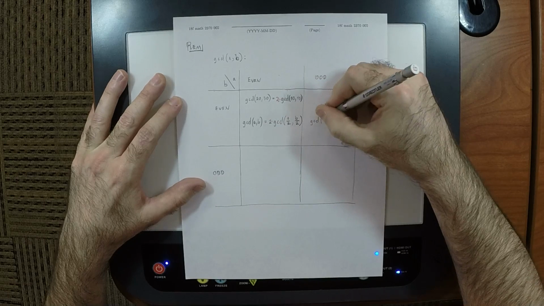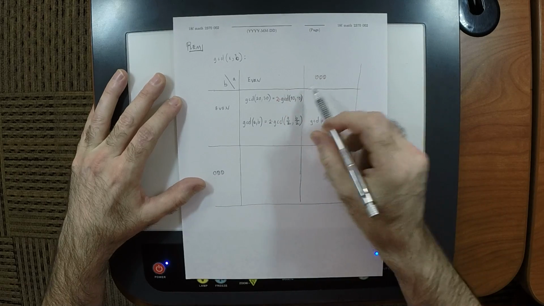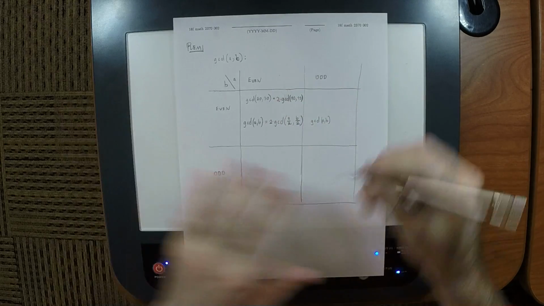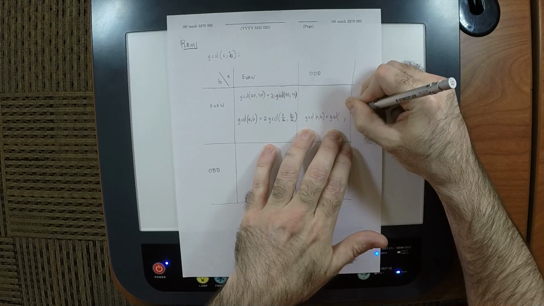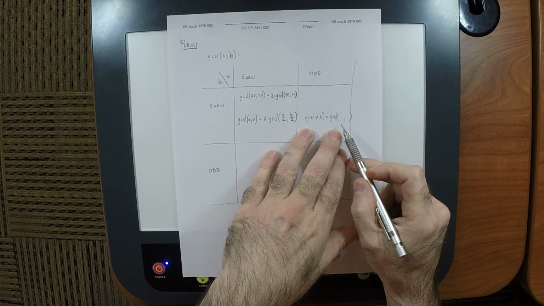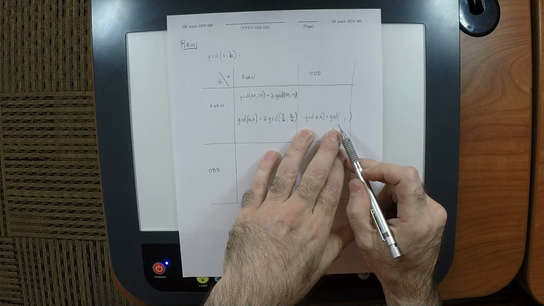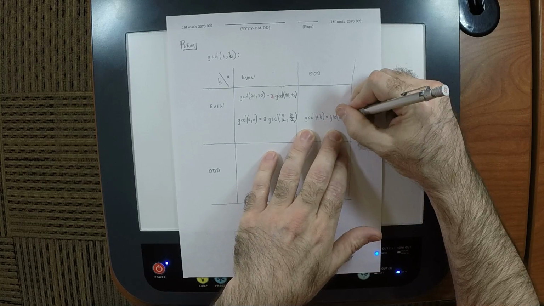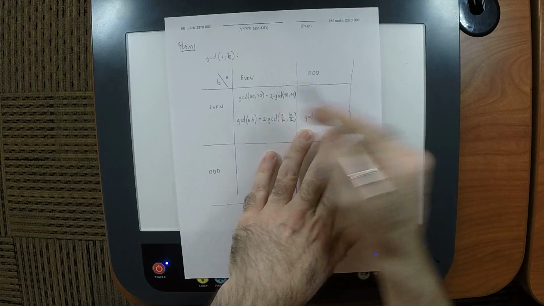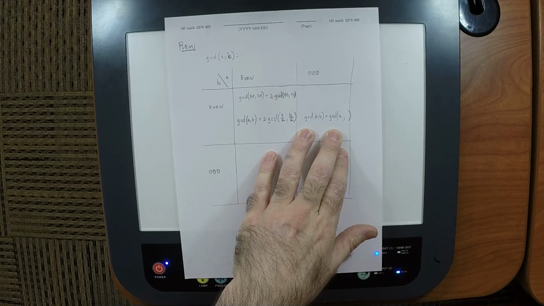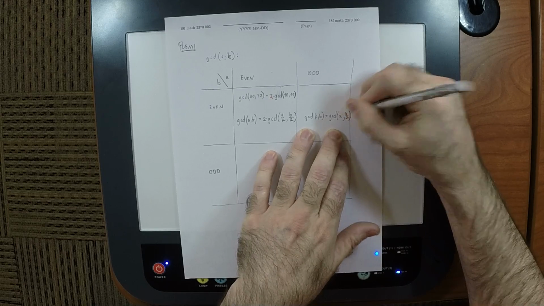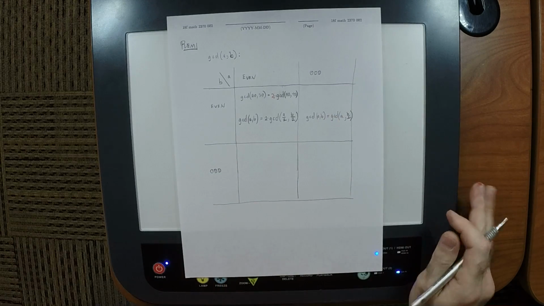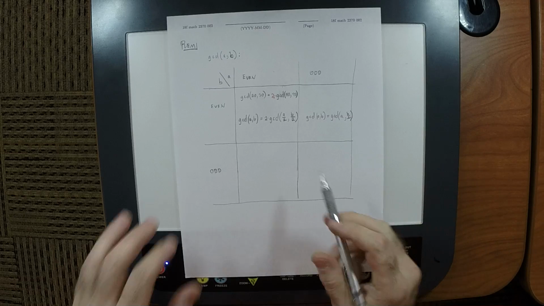The GCD of A and B, if A is odd and B is even, is actually just the GCD of A, because A is odd, and B over 2. So we can just get rid of that 2, because B didn't need it anyway. It's not part of the GCD. It's gone.